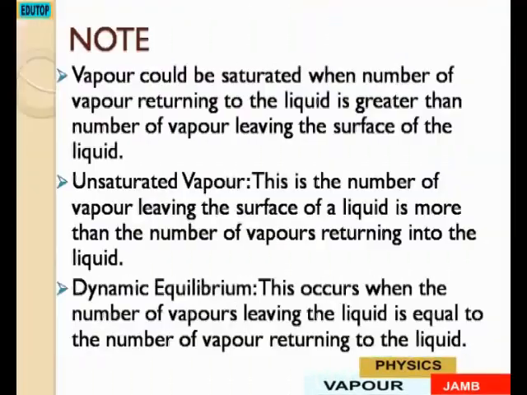If we go back to our previous knowledge of saturated and unsaturated vapor, we are told that saturated vapor is when the number of vapor molecules returning to the liquid is greater than the number leaving the surface of the liquid.